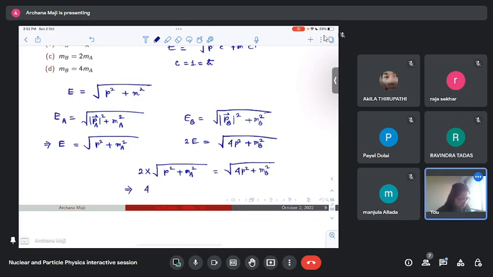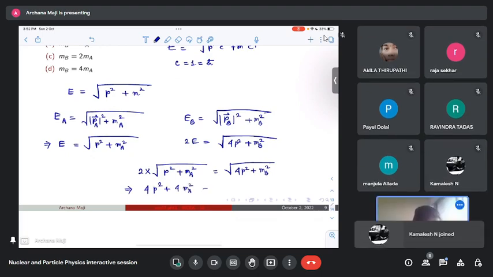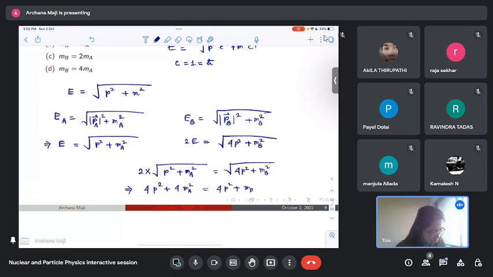If I square, I get 4P square plus 4 MA square equal to 4P square plus MB square, and from here 4P square gets cancelled out.